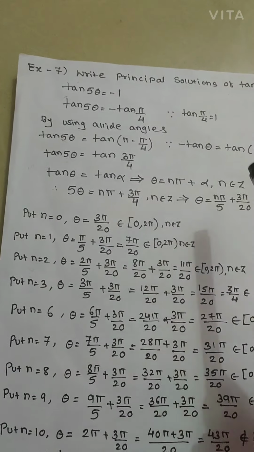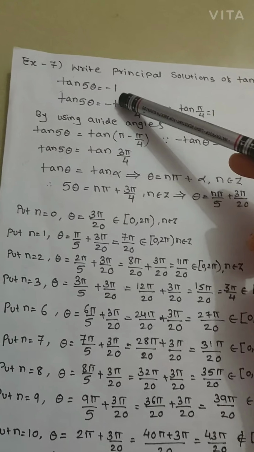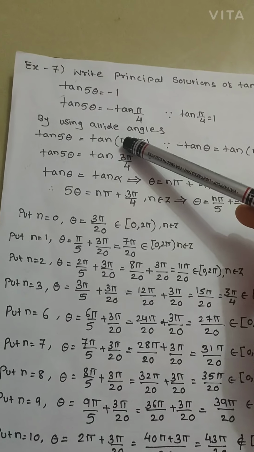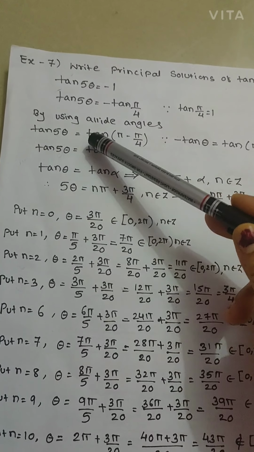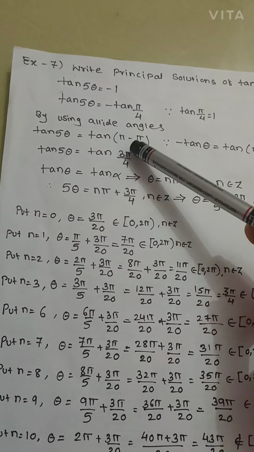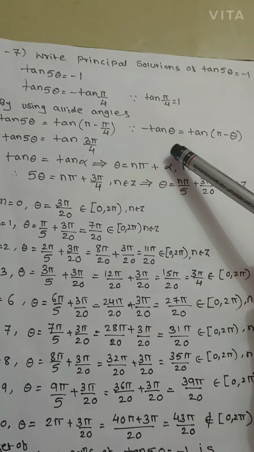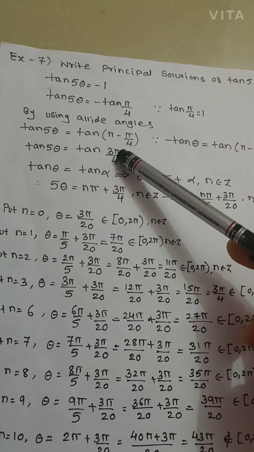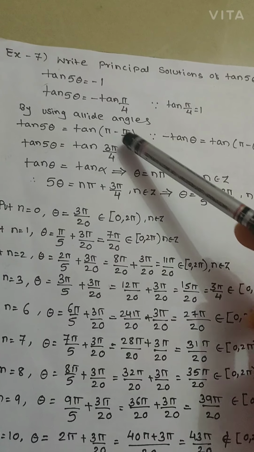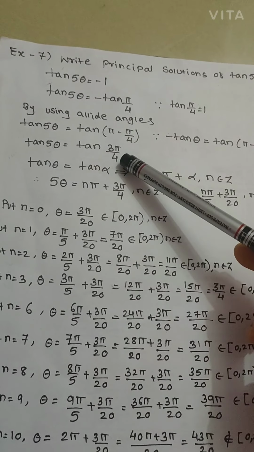Now by using allied angles, if I want to convert this minus sign into plus, then I can write tan theta is equal to tan (pi minus pi by 4). By using this formula we can write this directly. Now after cross multiplication, 4 pi minus pi equals 3 pi.